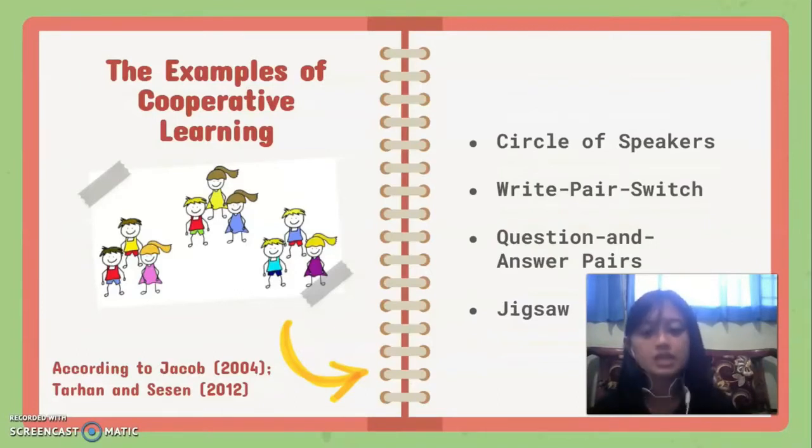So in jigsaw groups, students discuss the specific material and exchange ideas with one another. Then the students return to their home groups and teach their friends the material they must master, and then relay the previous discussion to their group members.